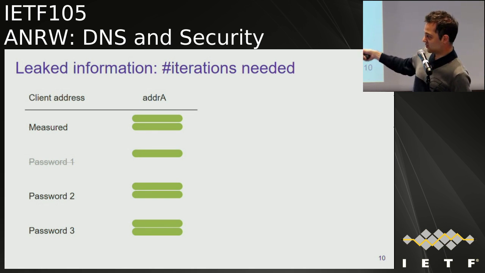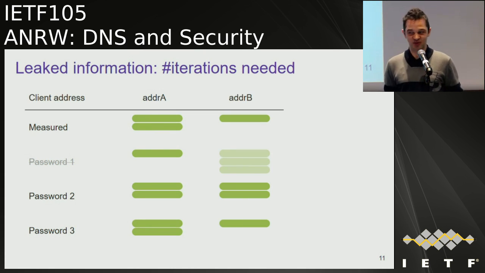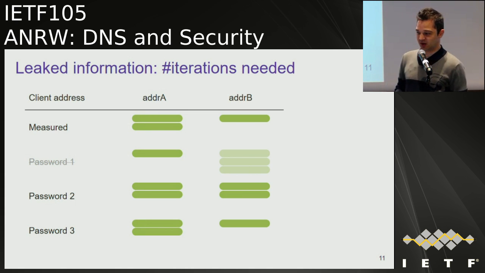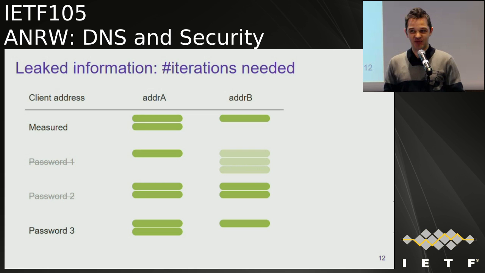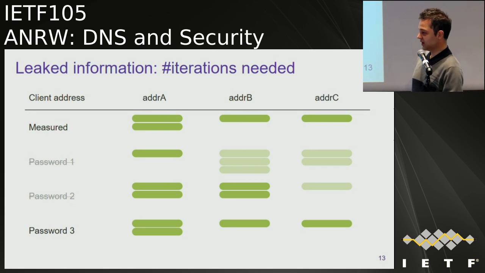The other 2 passwords are still possible. So then we can spoof another MAC address B. We can again measure how many iterations it takes in the real world, compare this to our simulated results, and exclude passwords that don't match our observation. We can continue doing this until we have uniquely determined the password that is being used.